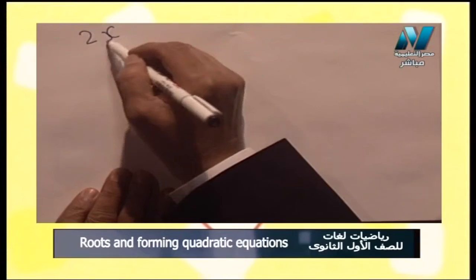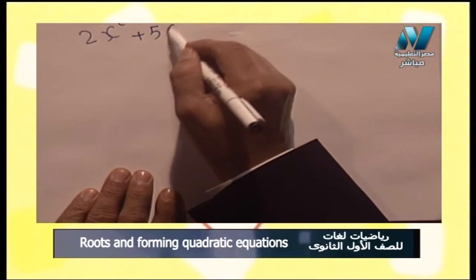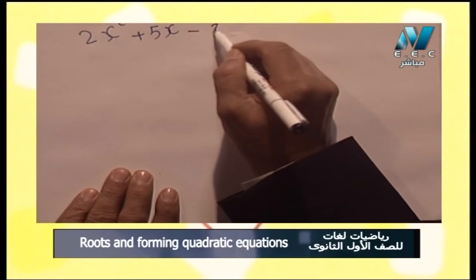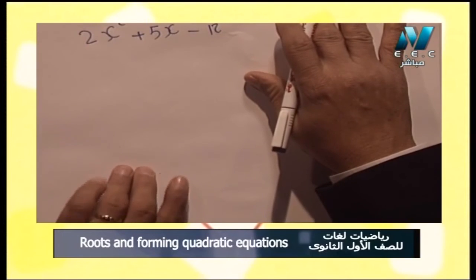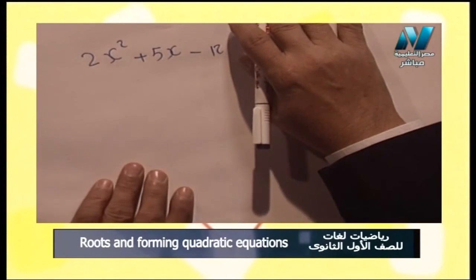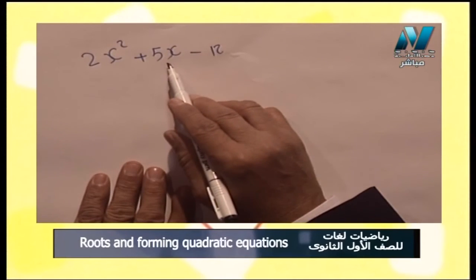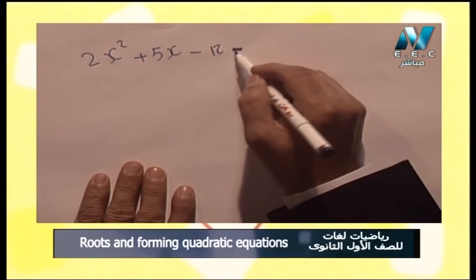Let's move to the next question. Without solving the quadratic equation, we have 2x power 2 plus 5x minus 12 equals 0.